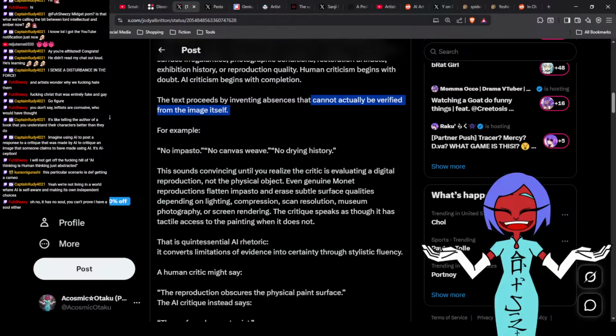Let's see. Captain Rudy says, yeah, we're not living in a world where AI is self-aware and making its own independent choices. It's like Fushizi: oh no, it has no soul. You can't prove I have a soul either. I mean, you kind of can with the human being. The soul is just, by definition, the vital principle of a living body. So if you are alive, by definition, you have a soul. Dogs have souls if they're alive. Human beings have souls if they're alive.